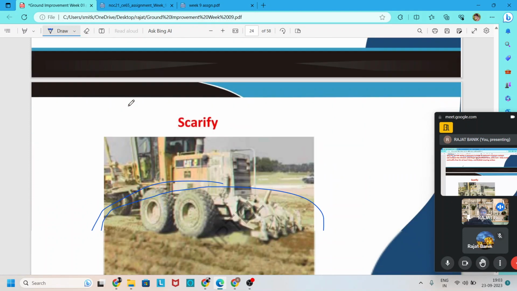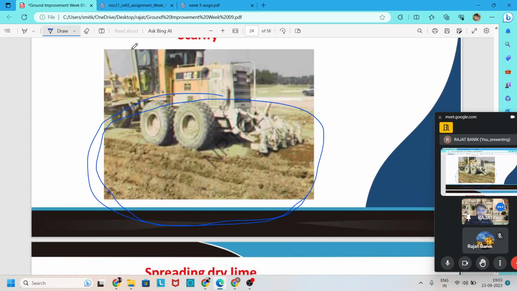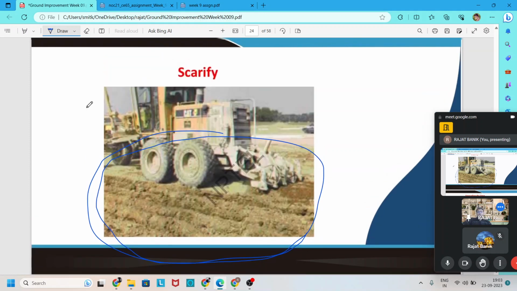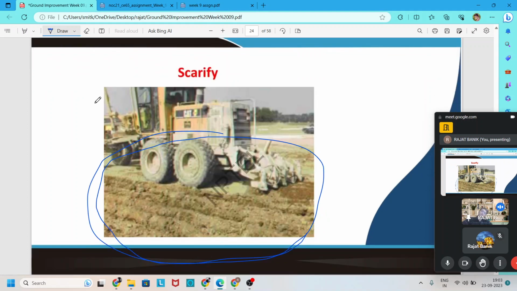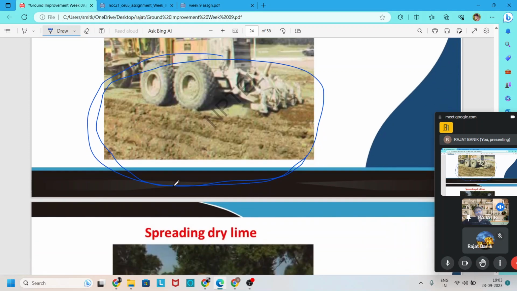Here some pictures are shown for the procedure of lime stabilization. Here it is given about scarifying. By this way we scarify the ground.